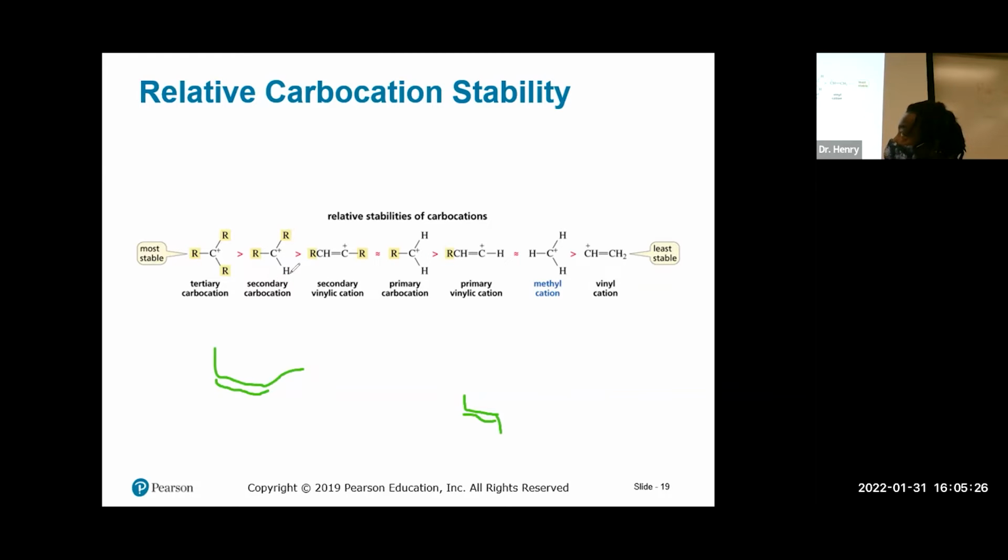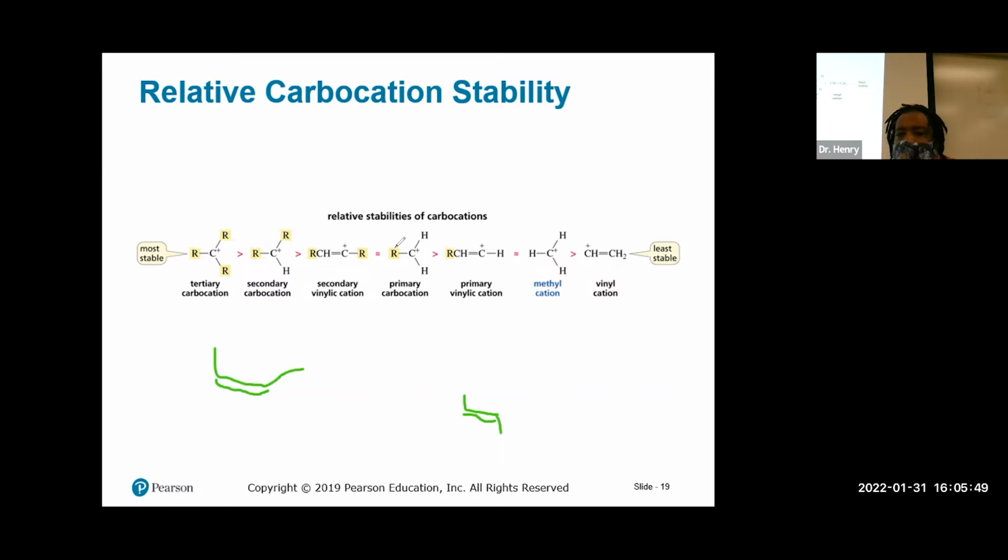That's stable. And then the secondary cation is going to be less stable. So you guys remember where we have two hydrogens, and that one is a little less stable.